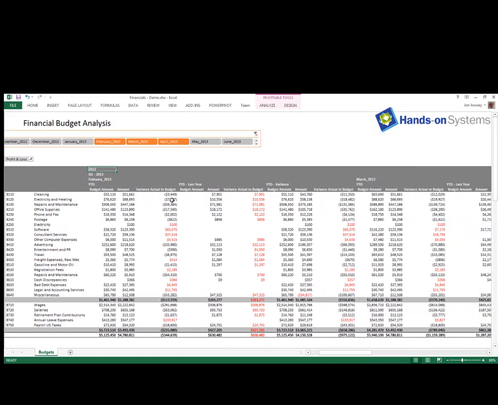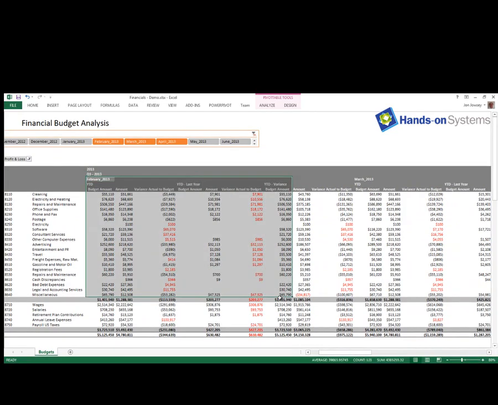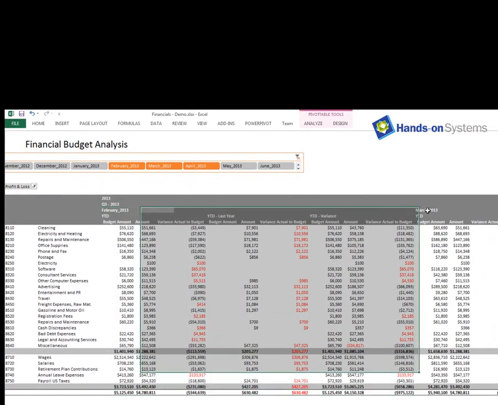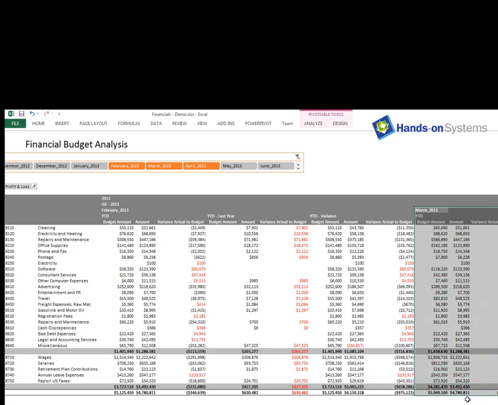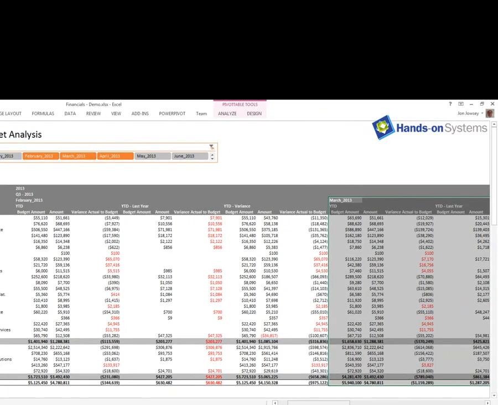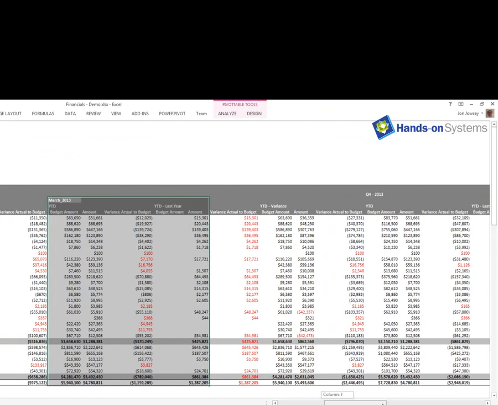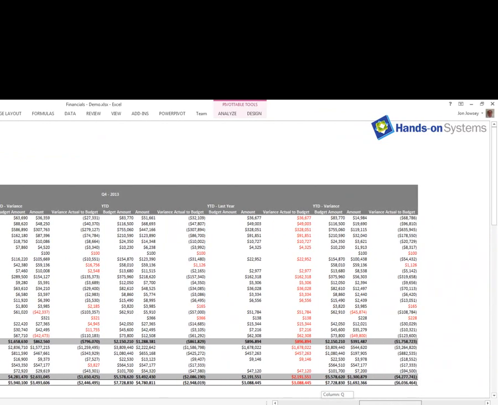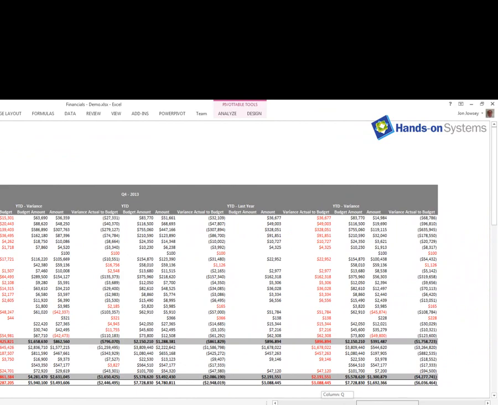So there you can see our February data with variances, we can see our March data with our variances, and we can see our Q4 data with our variances against that.